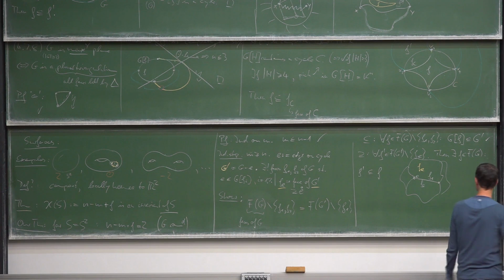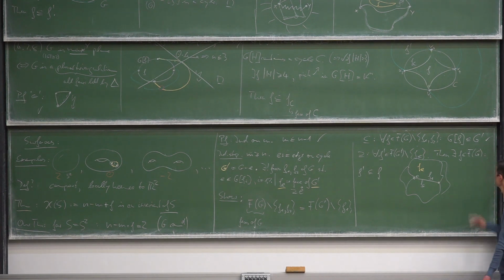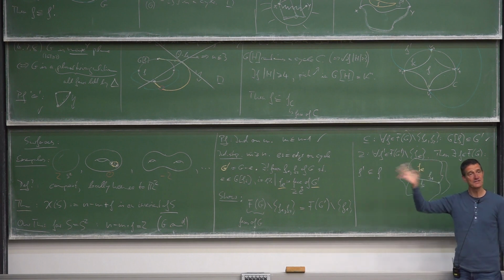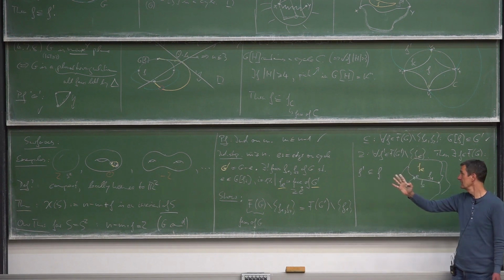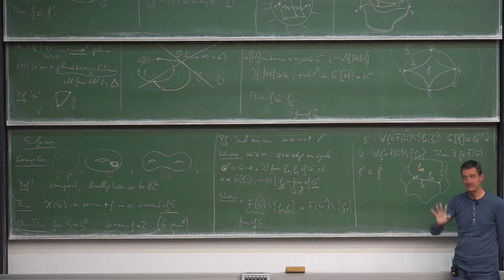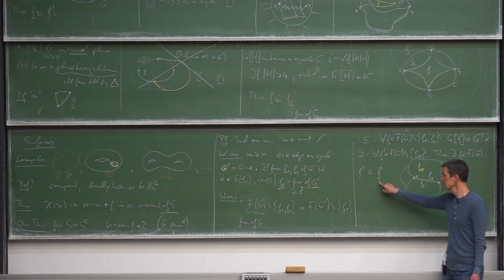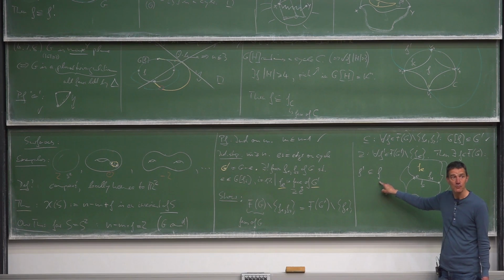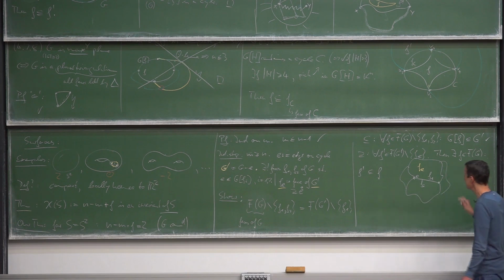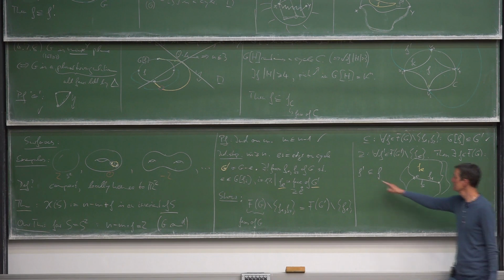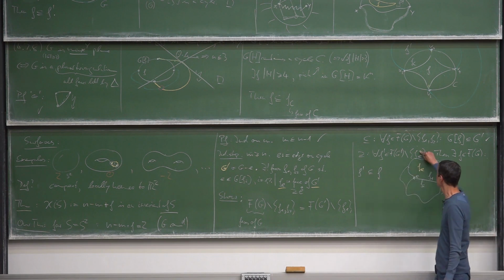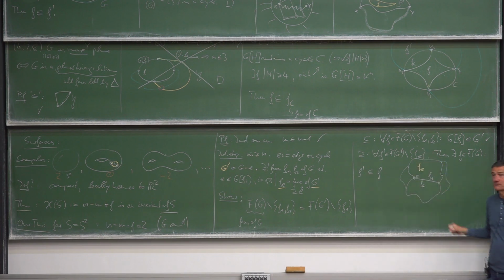Now, this looks like the wrong way around, right? So when you have a graph and a subgraph, the faces of the big graph are contained in faces of the subgraph. And now we have a face of the subgraph, and I'm claiming that it's contained in a face of the big graph. But that is, in this particular case, due to the choice of this particular face of the subgraph, namely that it isn't this. So what is it?